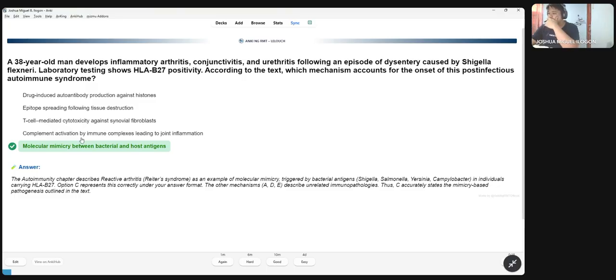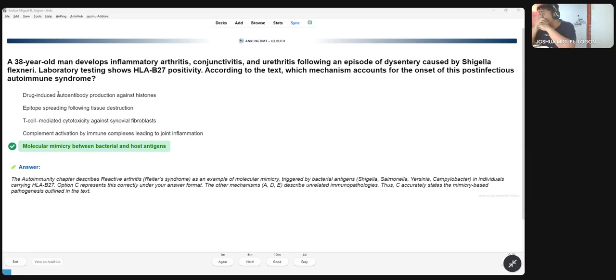Okay, no. Oh, reactive arthritis. Reactive arthritis. HLA. There you go.